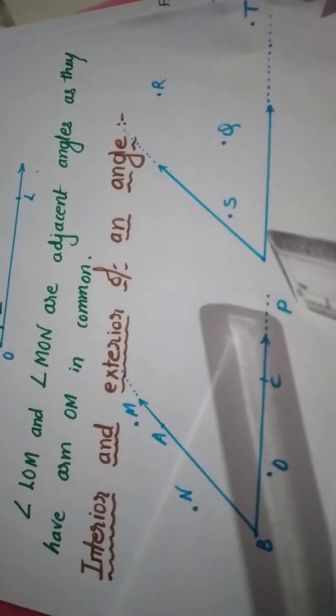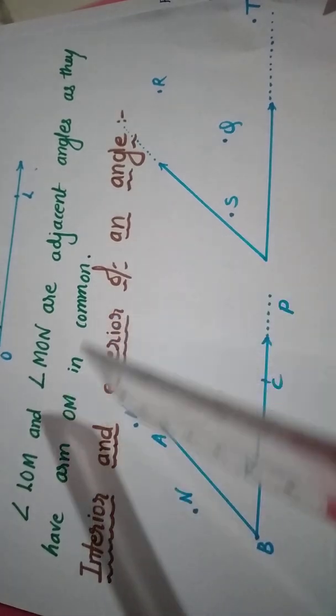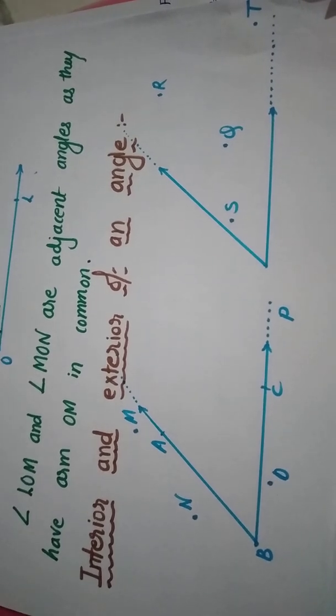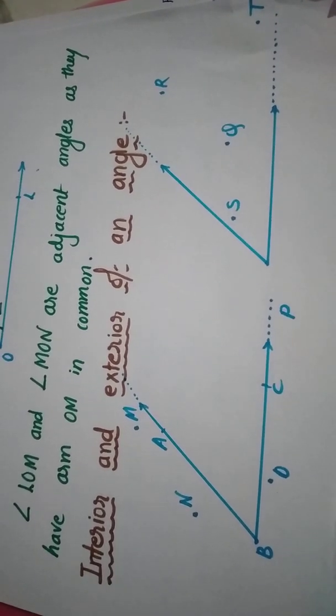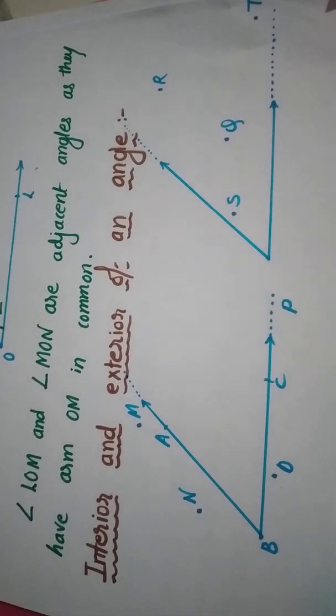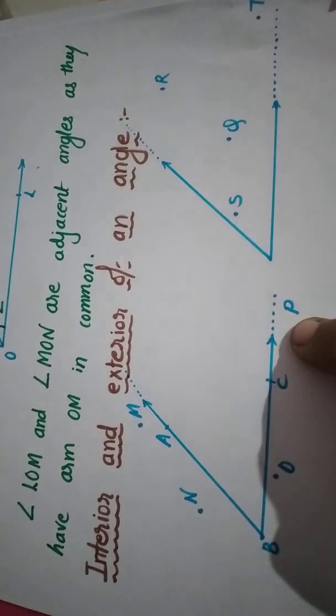But see here, again points are shown here, point P and point M. So these points are also near this angle, but these are also at the exterior of this angle.